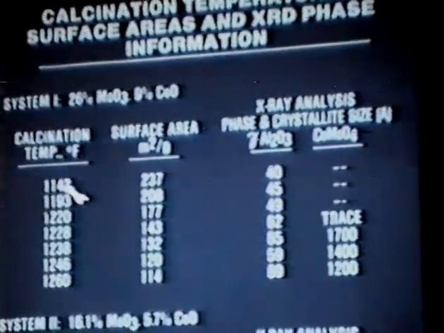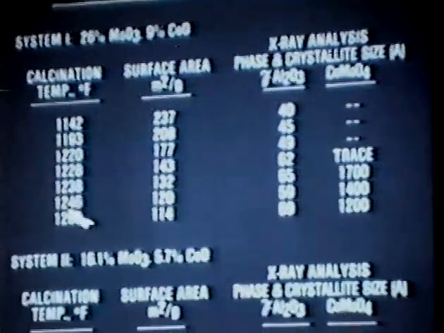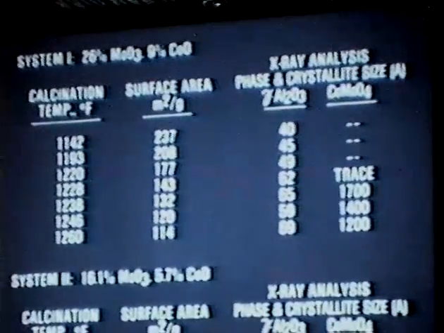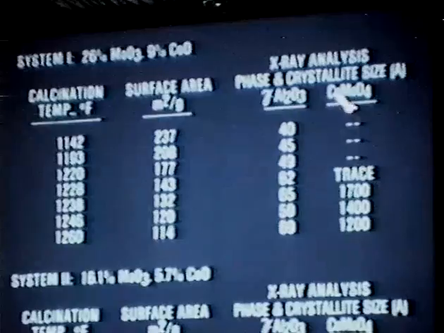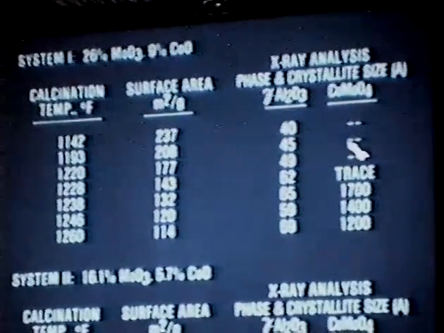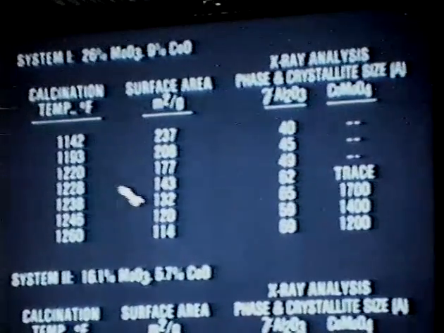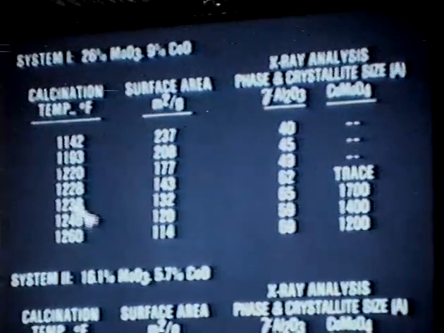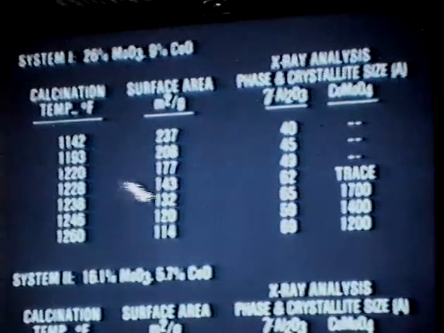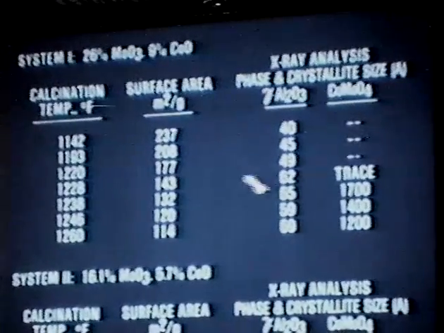And our objective was to calcine subsamples of each sample, measure surface area, and see what the X-ray people had to say about whether they found mixed metal oxides. And as you can see, they started finding them at about this temperature with this metals loading right here. And the surface area of the catalyst was about right here at that point.